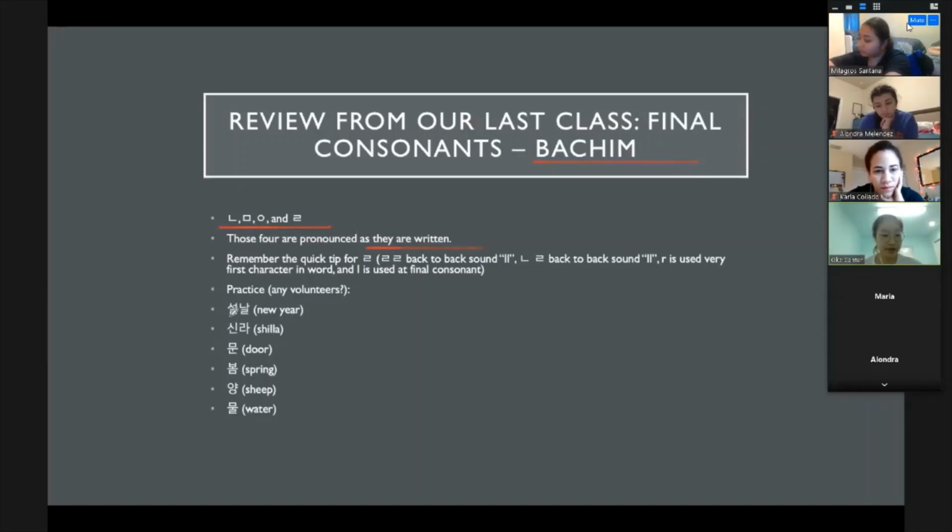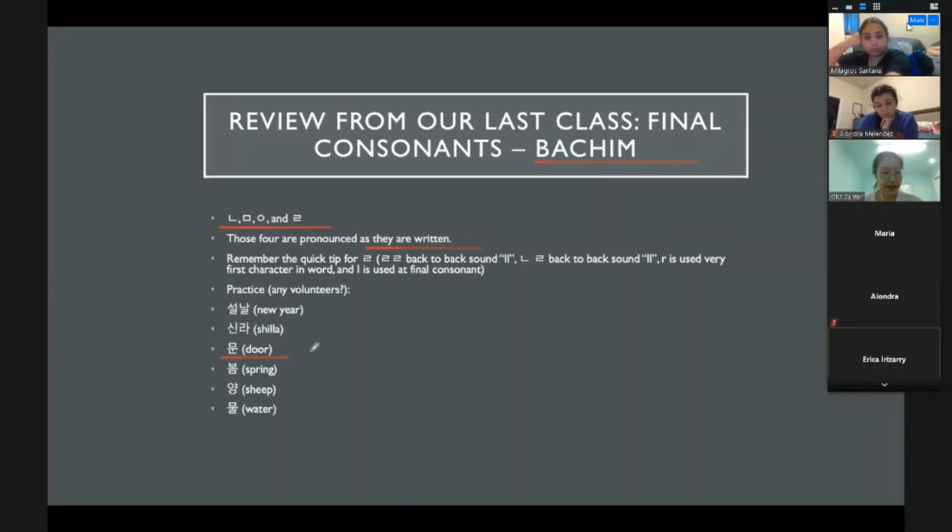So, for example, here, mun, it's just like the N in the final pachim, and then mium, and then iung, and then liur. It's just as it's written.